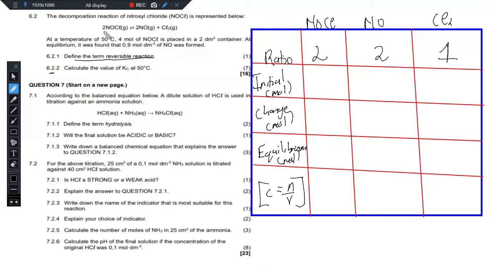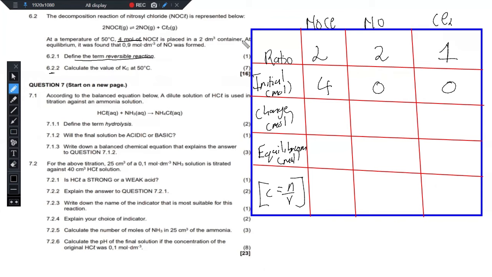And then let's check. Initially, at a temperature of 50 degrees Celsius, 4 mole of NOCl is placed. So 4. This is the only reactant, right? So that means initially we don't have any moles of the products, because the reaction will start with only the reactants in the sealed 2 dm cube container.